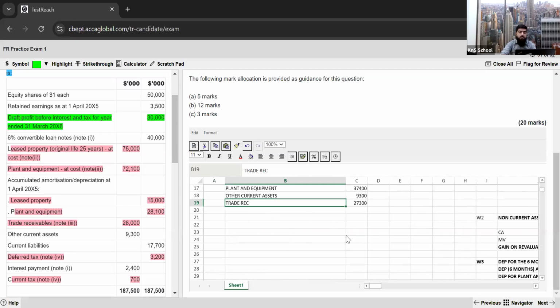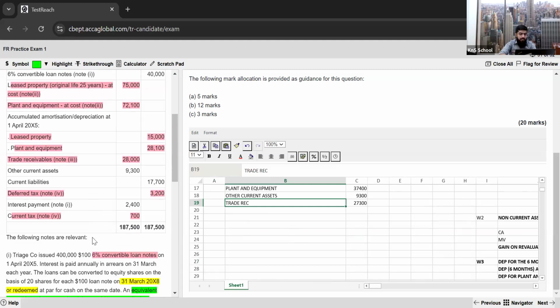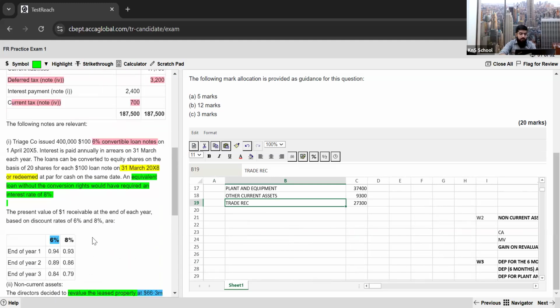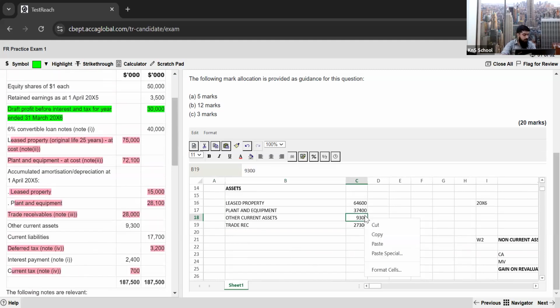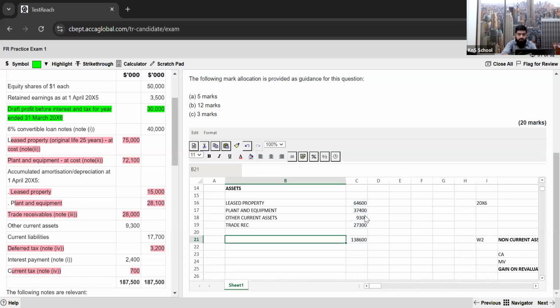Because of the loss on accounts receivable. So we have deducted that 700 from the trade receivables. Any other adjustment that you can see in this particular question? Let's sum all the assets. It's 1,38,600. That is the total assets.